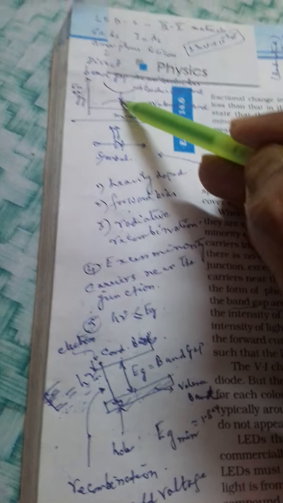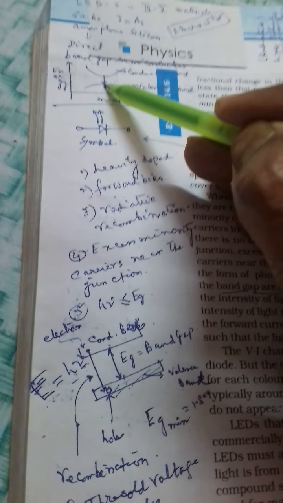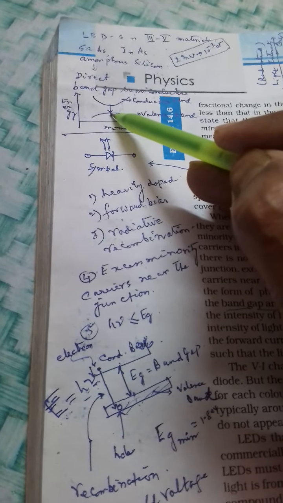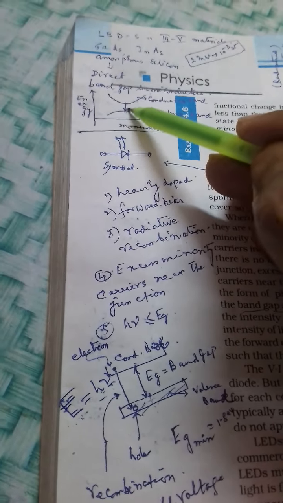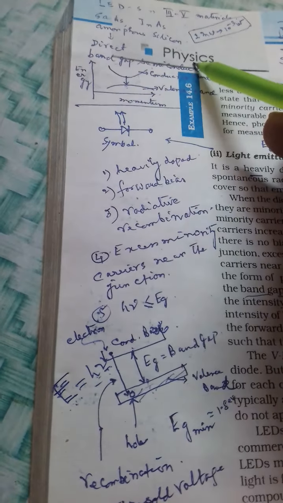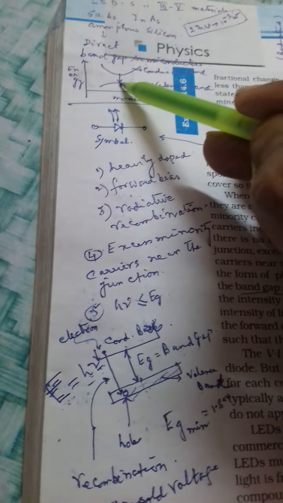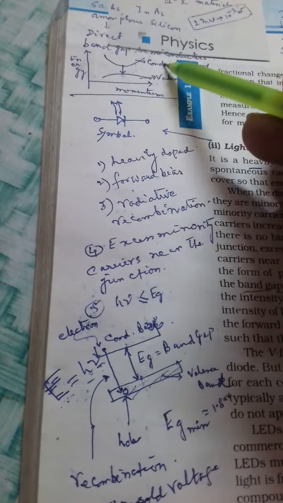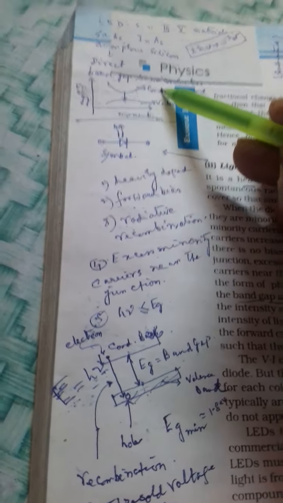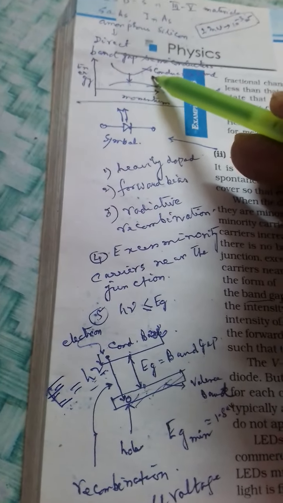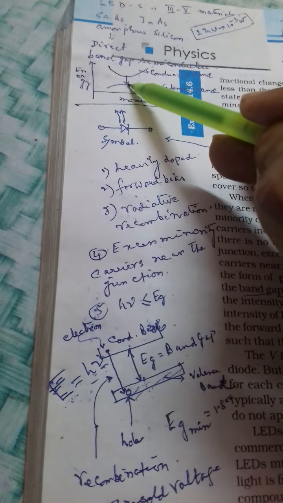It is called direct band gap semiconductors. So for LED, any type of semiconductor will not do. They should be direct band gap semiconductors. If the band gap is not direct, say the curve is that way, then from this to that no direct fall will be there. There are some intermediate stages, and due to that recombination, no visible light will be emitted.